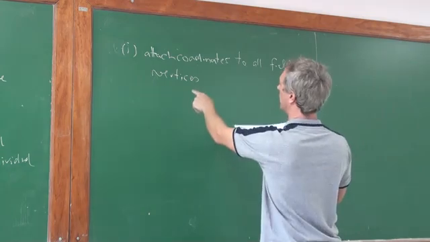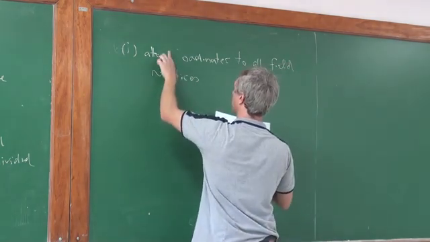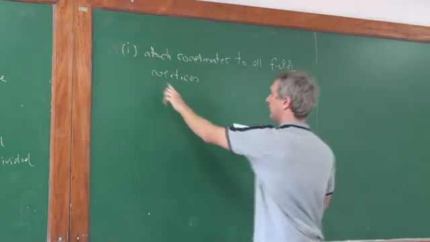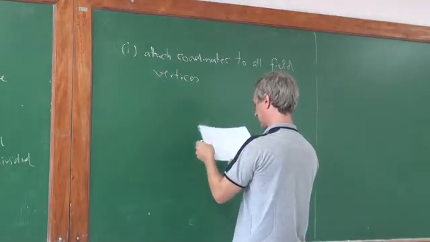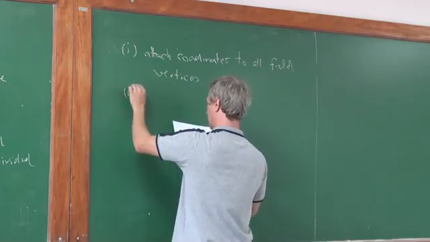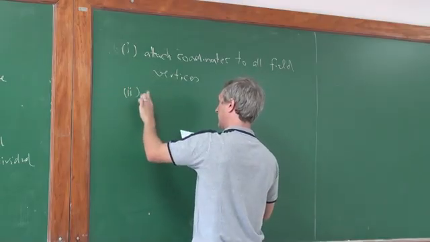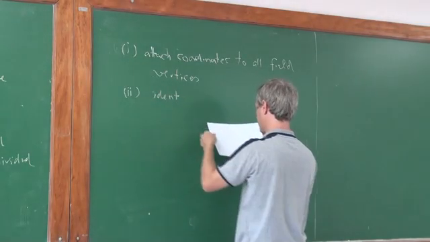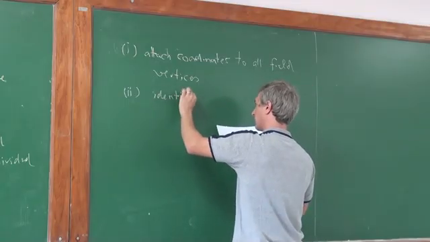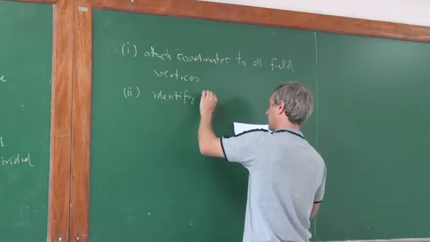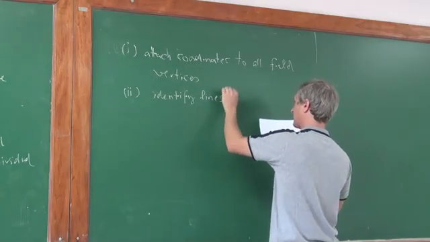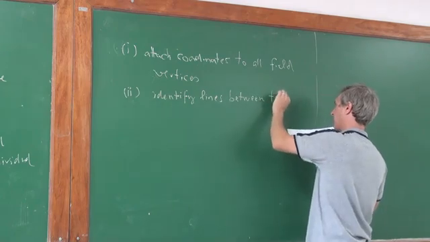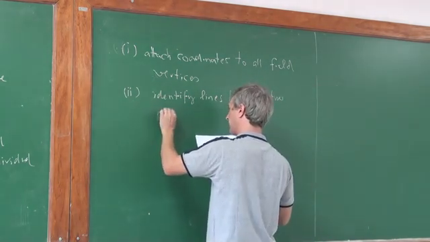So, attach coordinates to all field vertices. That's the first step. Then we identify the lines connecting two coordinate points with the free Green's function. So identify lines between two points with the free Green's function.